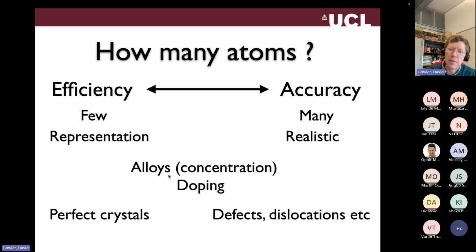And when you think about alloys, where the concentration of materials can be quite low, or doping, then you need to think about larger systems. If you have perfect crystals, you can have smaller systems. If you have defects and dislocations and surfaces, then you need a larger system. So I hope what you're starting to pick up here is that there's actually a key question, which is how can we do large systems efficiently?